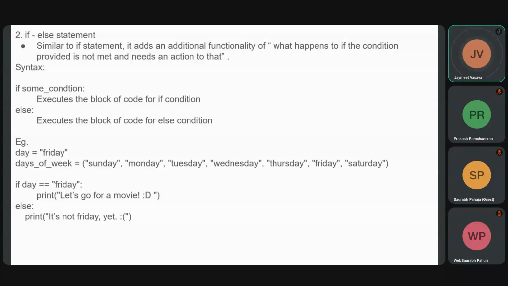So when the day is not equal to Friday, the control goes to the else block, and the else block is going to print, it's not Friday yet, and we cannot go for the movie. So, it's not Friday yet is the message that is going to be printed while executing the else block.